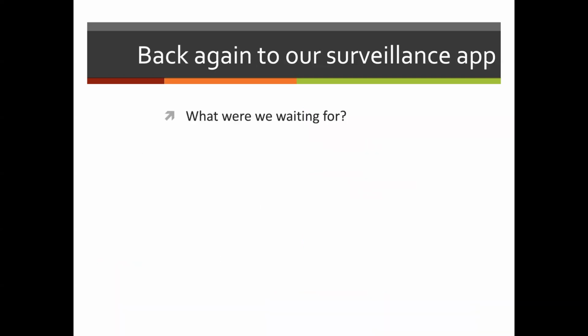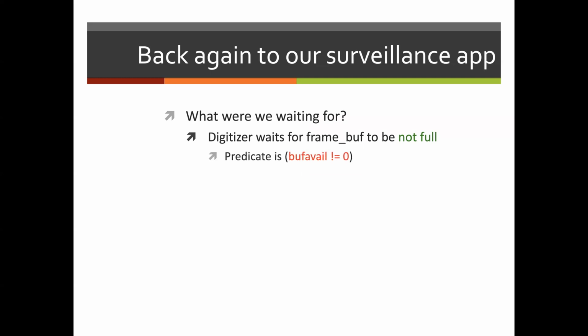So back to our surveillance app. What exactly were we waiting for? The digitizer is waiting for frame buff to be not full. And so our predicate is buff avail doesn't equal 0. The tracker needs to wait for frame buff to be not empty.